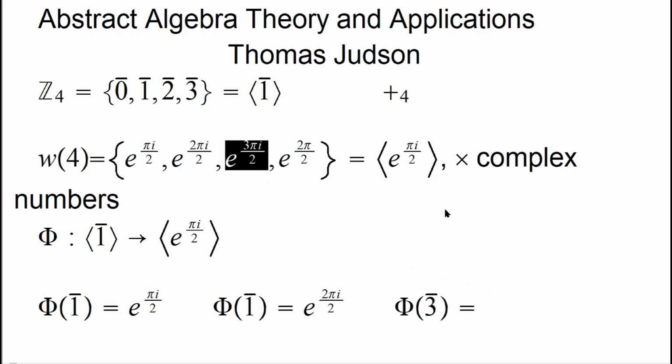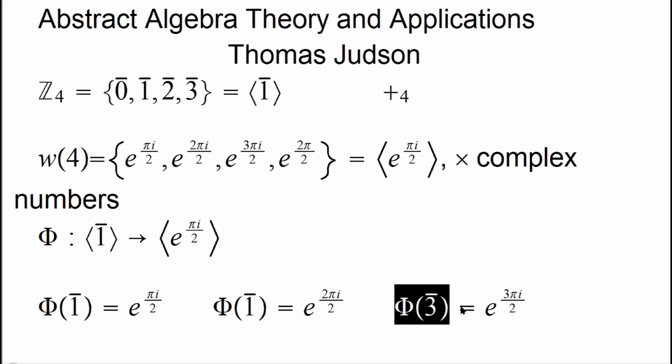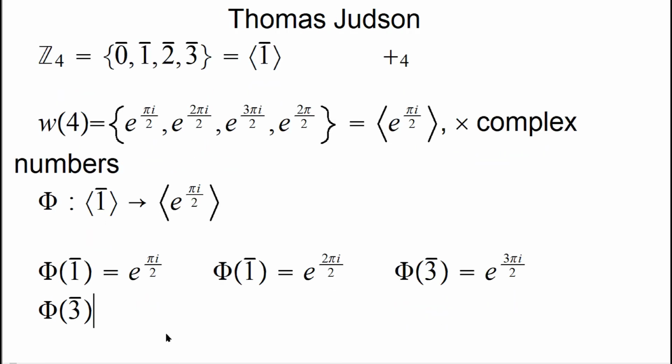This is the third power on the generator that we assign to the generator 1. And then at the end, when we look at phi of 0, what we have is the fourth power on 1.